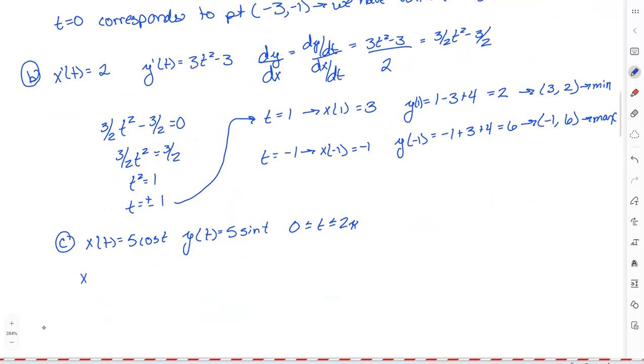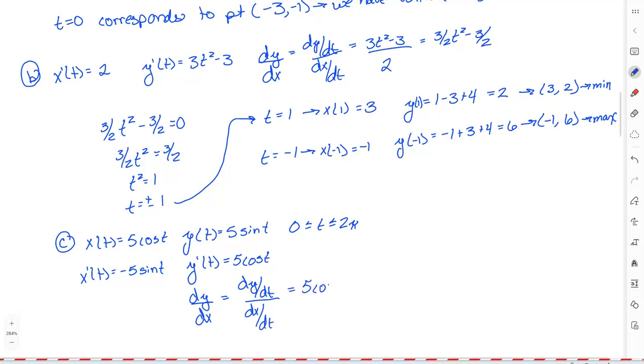So the derivative of x with respect to t, the derivative of cosine is negative sine. So it's going to be -5 sine of t. And then the derivative of y, the derivative of sine is cosine. So this is going to be 5 cosine of t. So dy over dx is dy over dt over dx over dt.